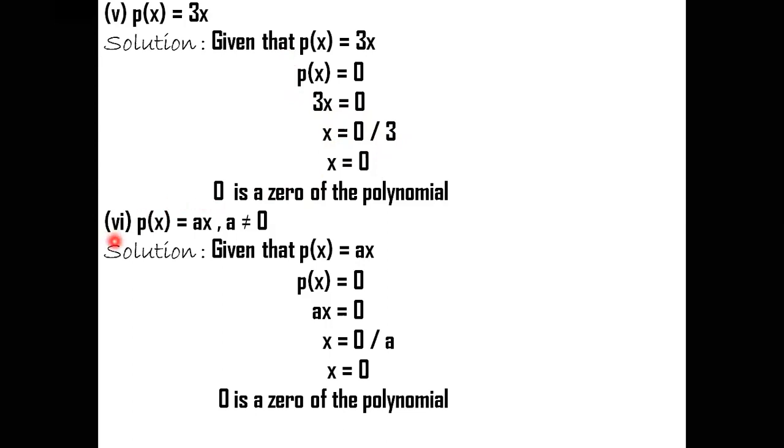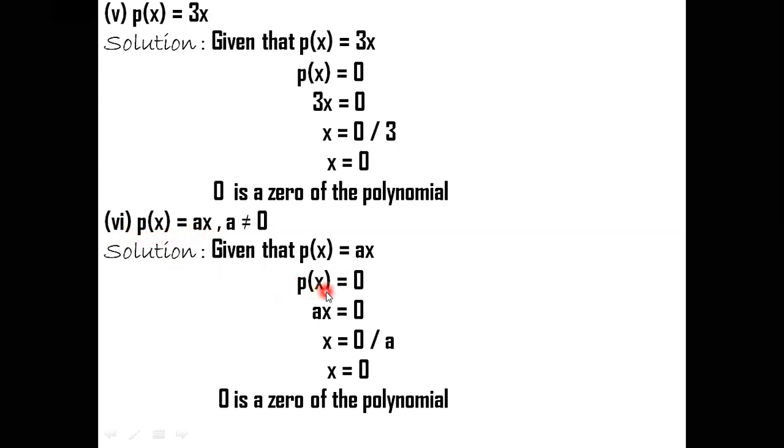Let us take question number 6. Here, P of x is equal to ax. That's the question. And they have indicated that the value of a is not equal to 0. So we'll do it the same way as we did all other previous questions. We'll take P of x is equal to 0, but it is given that P of x has to be equal to ax.